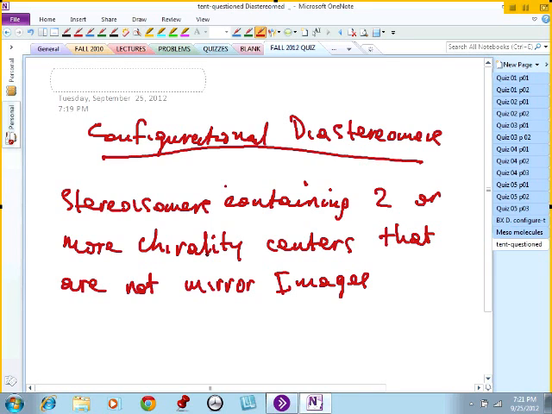In other words, these molecules are not mirror images of each other. Those are configurational diastereomers.